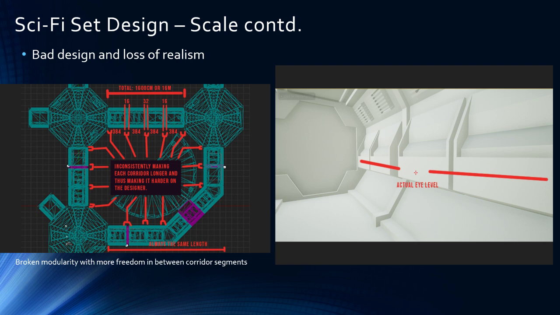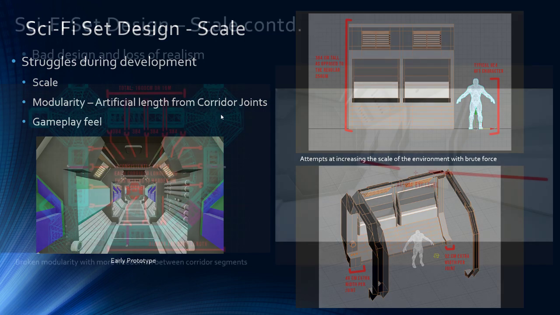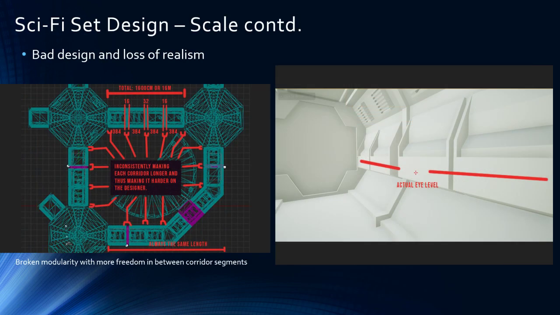One of the other issues I encountered early was having extra corridor joints to add more variety, but this increased some artificial length in my scene, and I really needed to avoid this because in this blueprint here, each joint was at least 16 centimeters long, and one of them was 32 centimeters long.